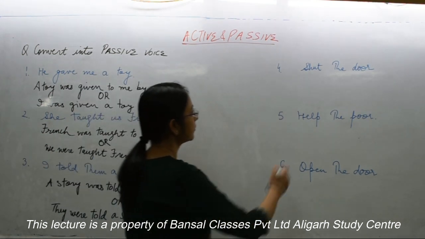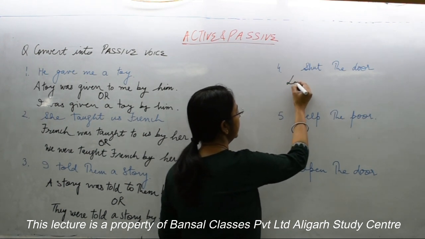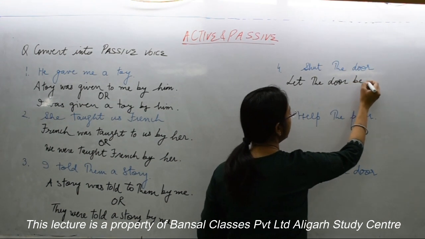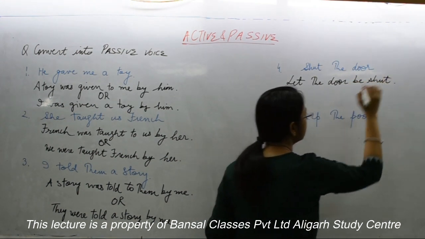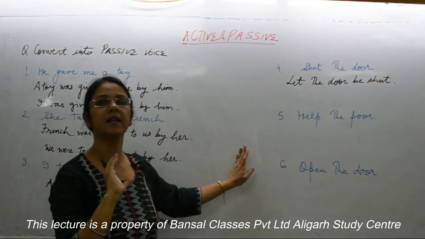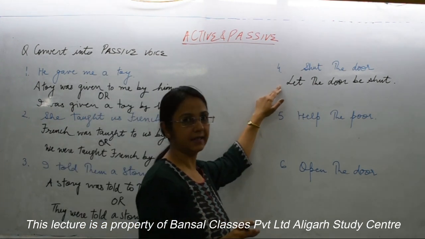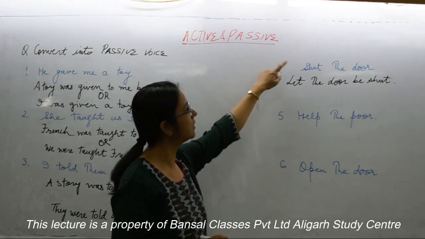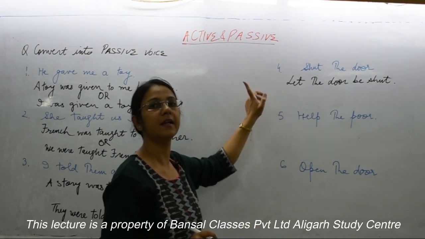So, let the door be shut. This is the simplest way. You have to add on just let. Why are we doing this? Because we don't know whether this is a command or an advice.